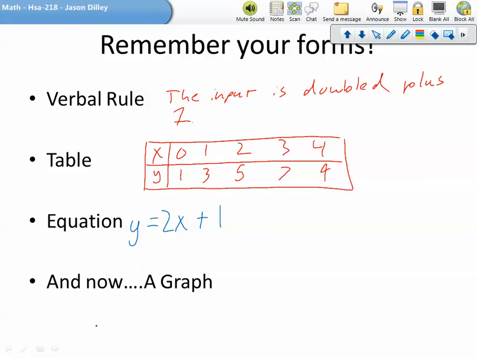Now, finally, the last thing that we're going to do here today is to represent this as a graph. And you might recall that a graph looks something like that. It has an x-axis and a y-axis, and there are points along each of those axes. These points are represented by the numbers along the graph.